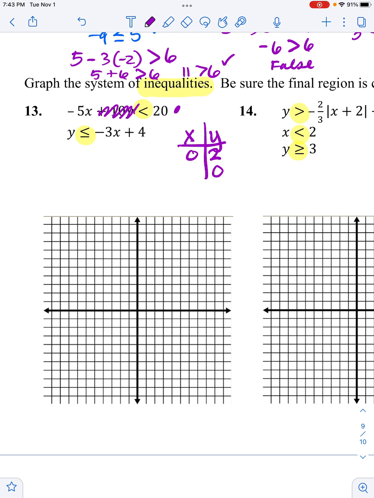So the only way to make negative 5 into a 20 is to multiply it by a negative 4. I also see that this is less than, so this is going to be dashed. So I connect negative 4 on the x with positive 2 on the y with a dashed line.